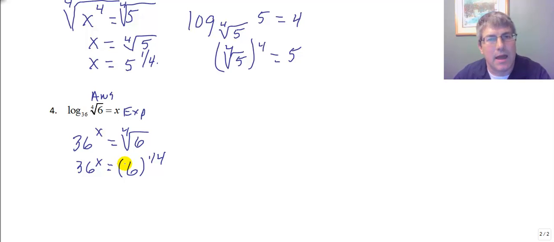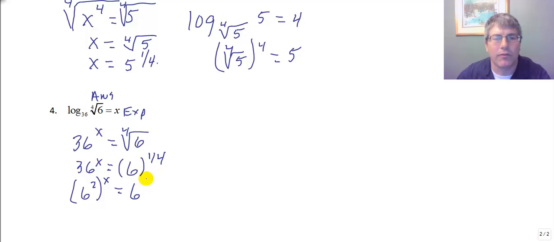So now my original instructions seem to apply here. If I get the same base, I can probably get this to work out. 36 is 6 squared, to the x, equals 6 to the 1/4. So 6 to the 2x equals 6 to the 1/4.